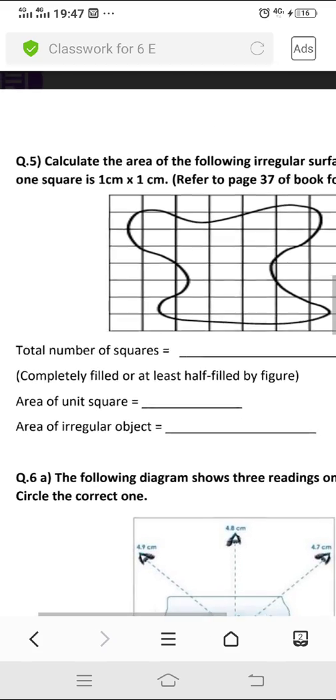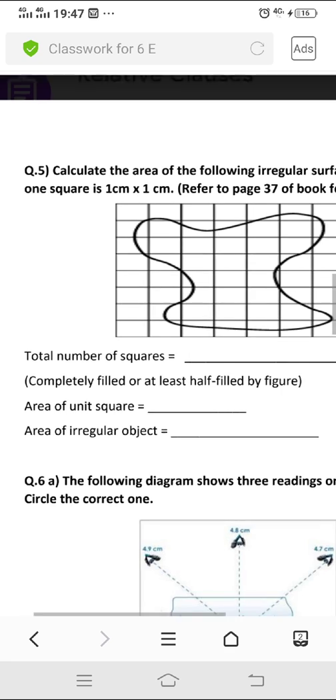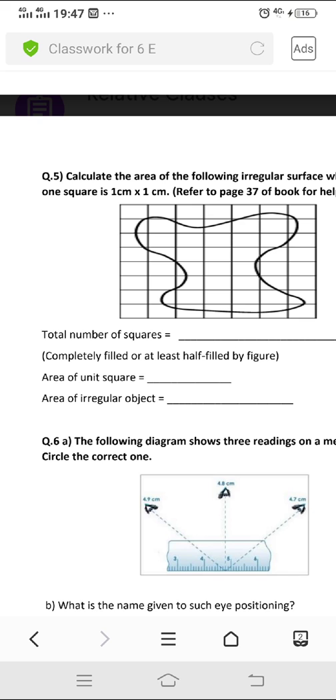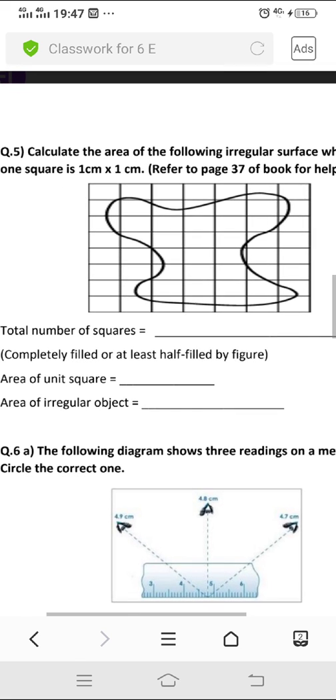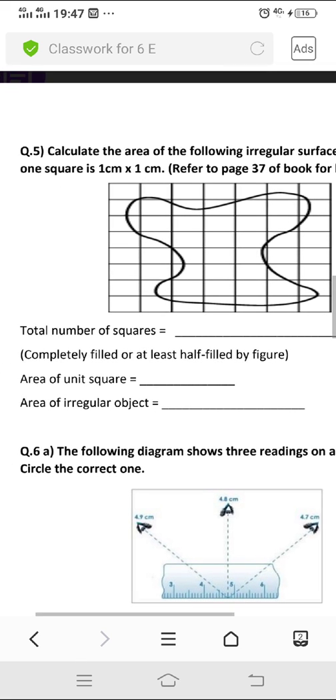Now for an irregular object, what you do is draw that irregular object on a grid, and then you start counting the squares which are complete or at least half filled. So they have said the total number of squares completely filled or at least half filled. So you will count it, right, and you write down the total number of squares over here.